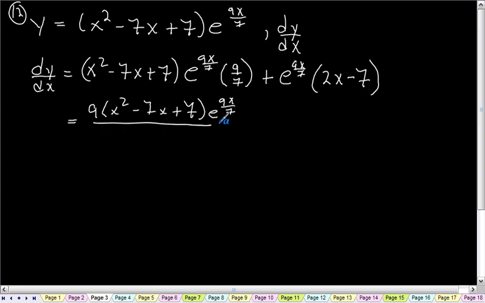That's going to be over 7. Because this we're multiplying the 9 all the way across, and the 7's in the bottom. So that's what that becomes. And then this becomes plus 2x minus 7 times e to the 9x over 7.